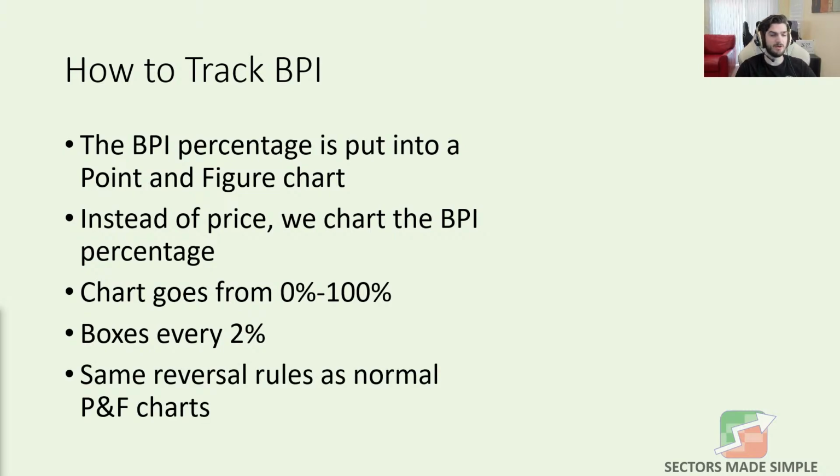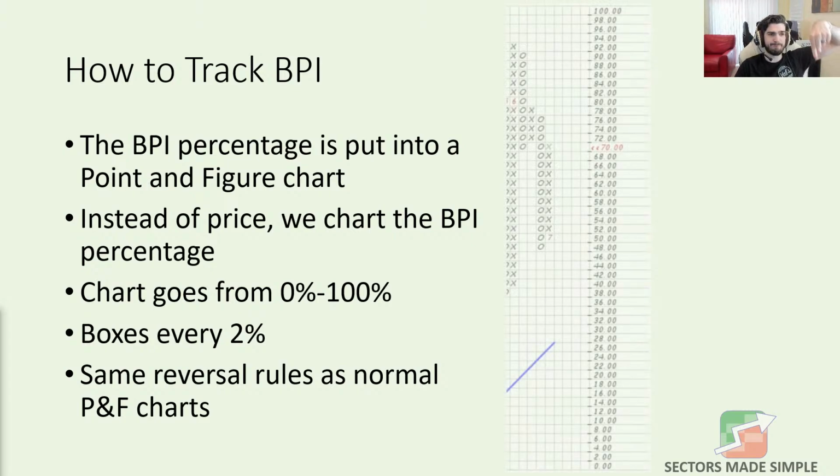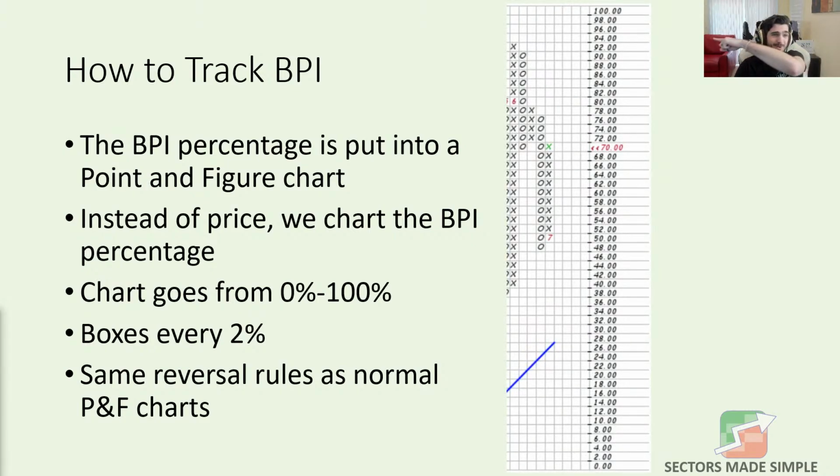So it's going to end up looking a little something like this. You see 100 at the top, 0 at the bottom, and the BPI going up and down over time.